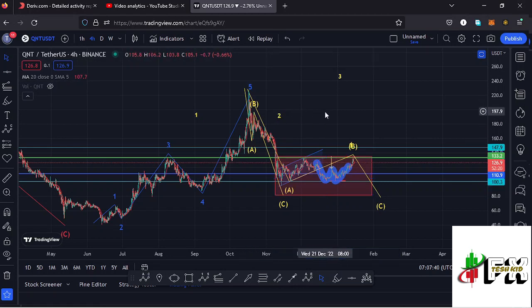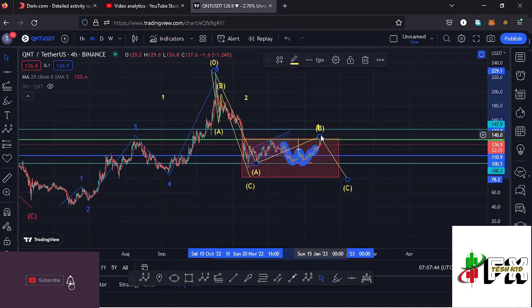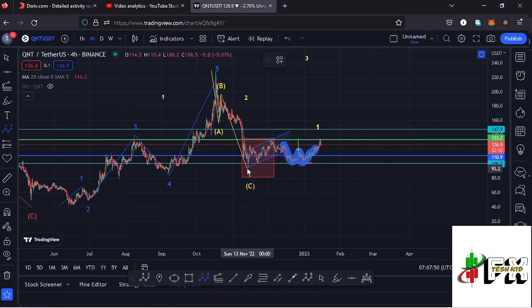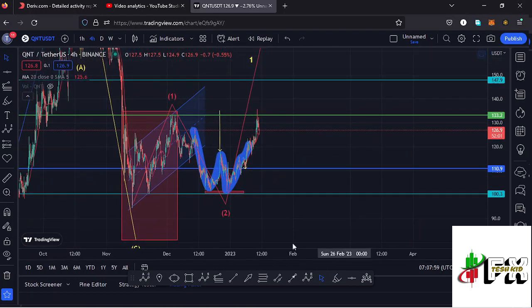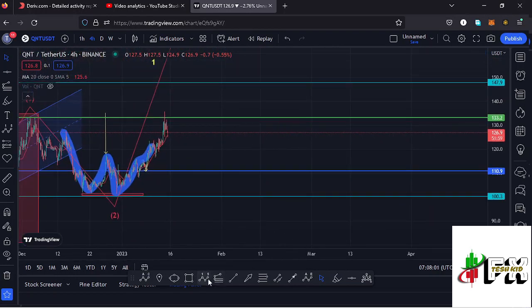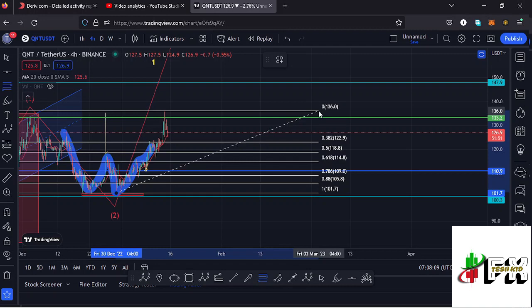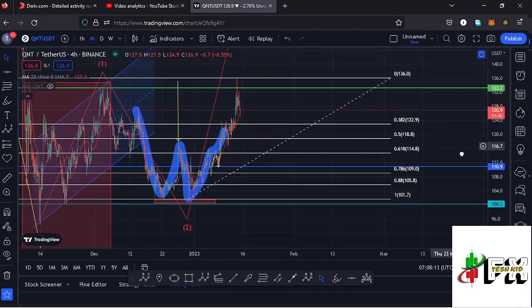That is still a possibility that could play out here on the Quant chart, but giving you minimum target areas that we need to continue holding above for us to say that whatever we are seeing over here is a 5-wave structure to the upside in the formation of this higher Elliott wave count 3. Using the Fibonacci levels, I can connect the fibs from the low of this wave 2 to the high that we made at around the $136 mark yesterday, and that gives me target areas that we need to continue holding above.